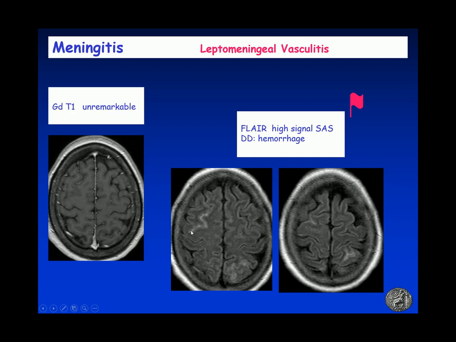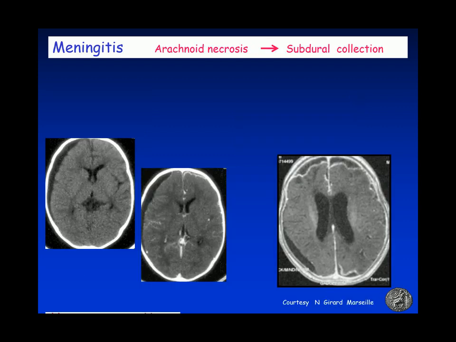You will see this high signal intensity in some areas of the subarachnoid spaces here and there, and this is highly suspicious of the presence of a material in the clear CSF. This material might be either infectious material and you are going for meningitis, or blood and you are going for subarachnoid hemorrhage. And again, in those cases, you should join your information to the clinical information in order to decide what this is.